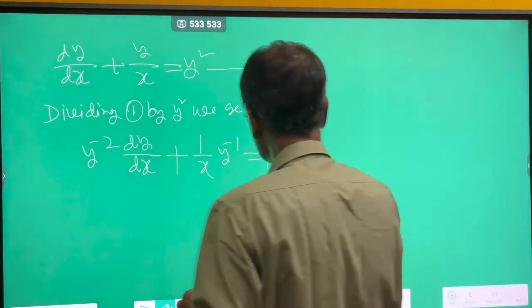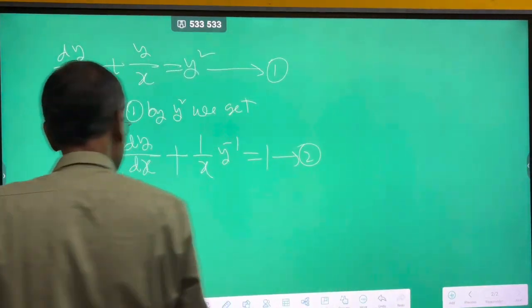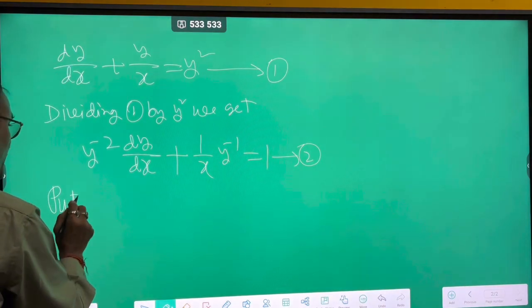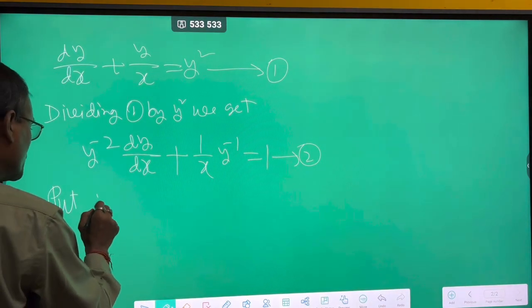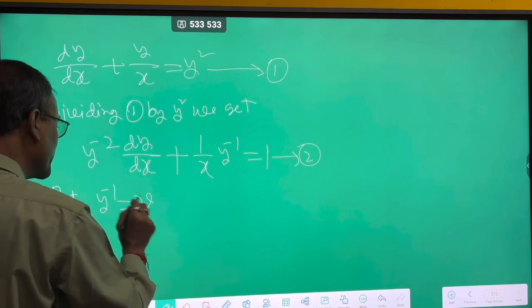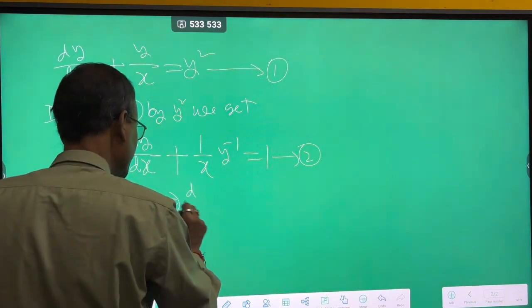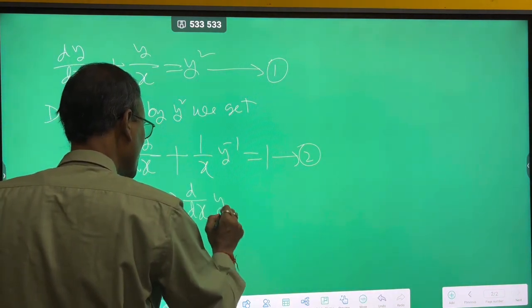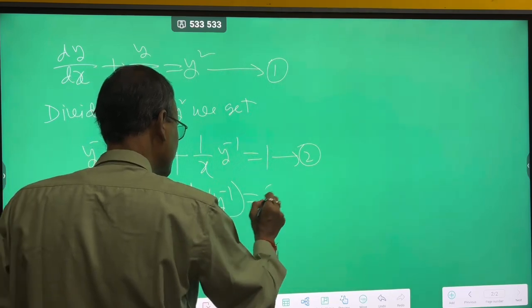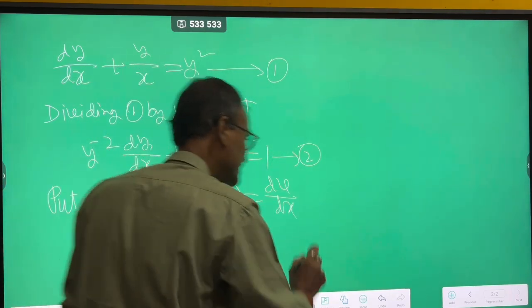What is our next step? Next step is put y to the power minus 1 equal to v. This means, differentiate with respect to x, both sides.